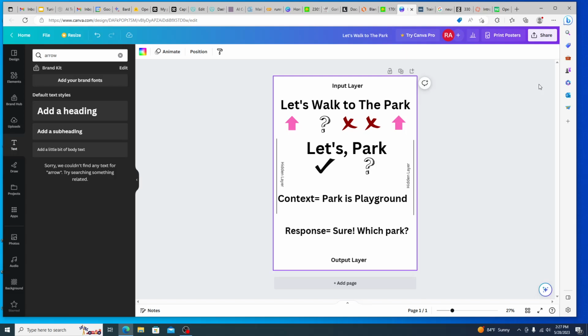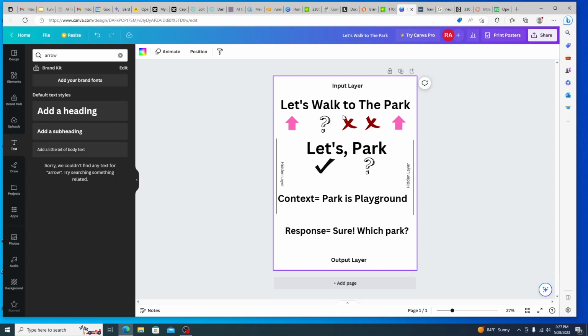You can see that you have the input layer at the top and the output layer at the bottom. Let's say that with the input layer, someone prompts the LLM and says, let's walk to the park. First, the LLM looks at the most prominent words.